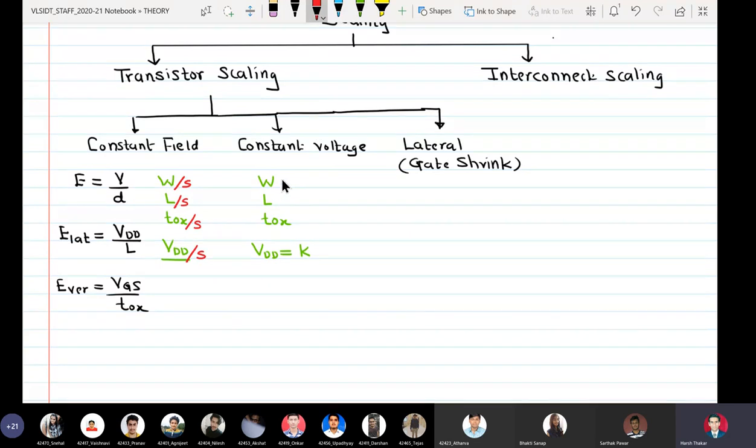In here, I am going to scale down width, length, oxide thickness, but I am not going to scale down VDD. That means VDD will remain VDD in constant voltage scaling, but in constant field scaling, VDD is also scaled down.